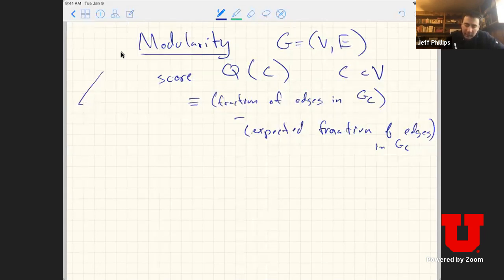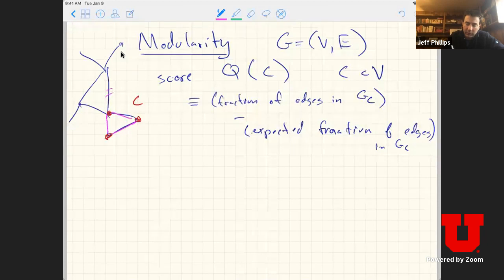So again, just so it's clear, if I have this whole graph here and identify 3 nodes as being in C, then the subgraph is going to be these edges here.